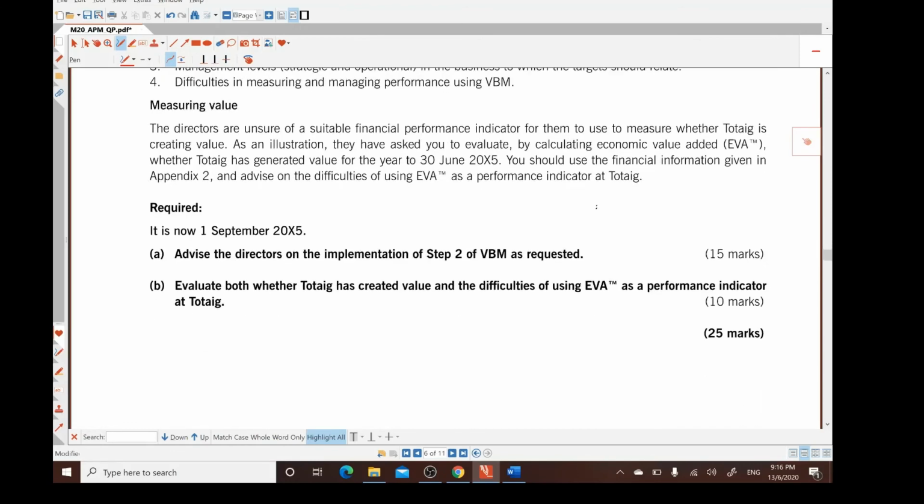With all the requirements there, for example, what is VBM, the implementation, how you're trying to create the value, and the difficulties of using the EVA. Trust me, class, these are mostly to do with the theoretical aspect, and that's only 25 marks here.